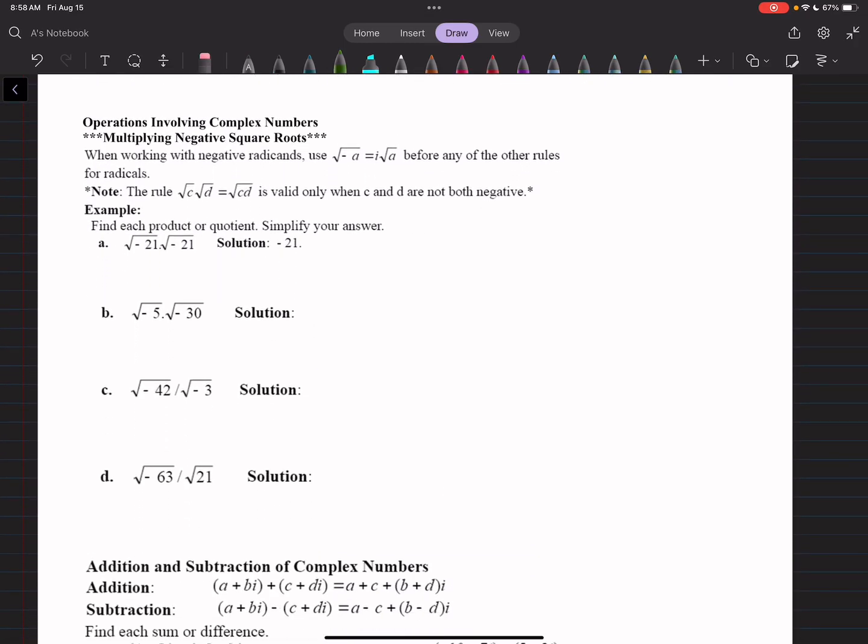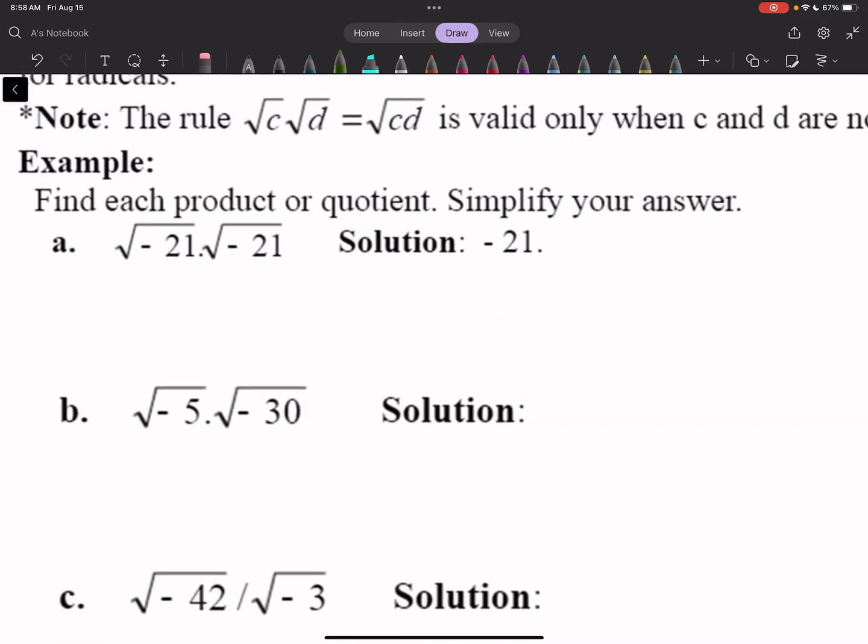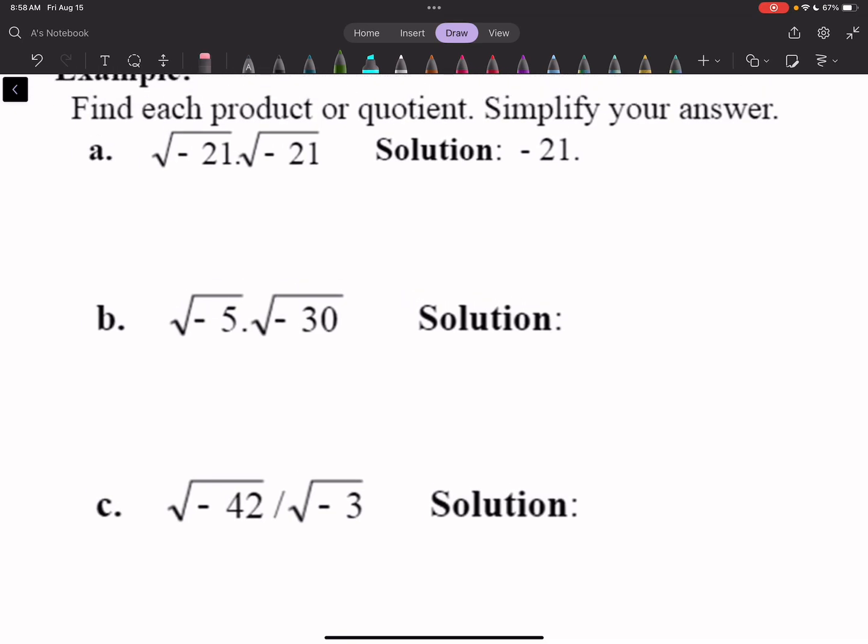All right, let's do some math. Operations involving complex numbers. To solve this, first thing I want to do, and this gives you the solution already, that's all right, I'm going to show you how to get to the solution. The first thing I'm going to do is take the i out of anything with a negative.